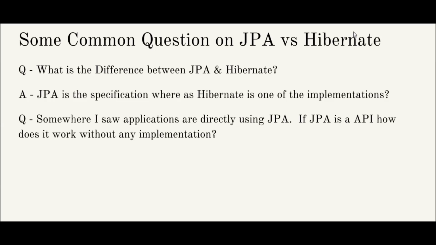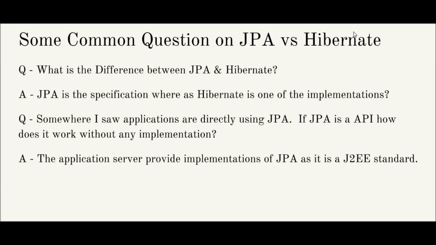As we mentioned, JPA is a specification. So in that case, how is your application able to talk to the database? This is a question which confuses a lot of people. The answer is, actually, JPA is implemented by your application server, or the app server on which your application is going to be deployed.